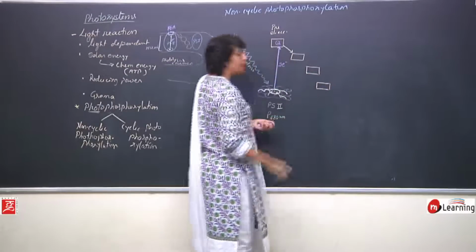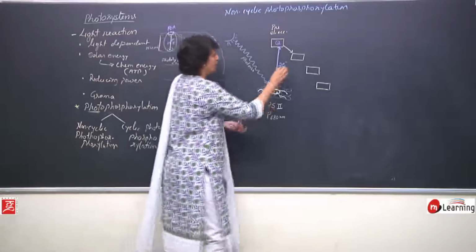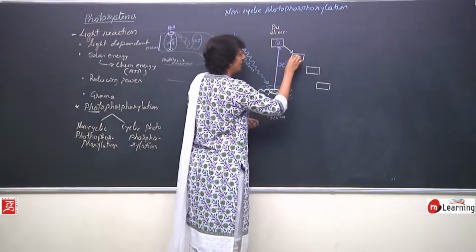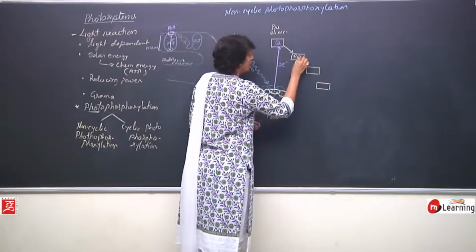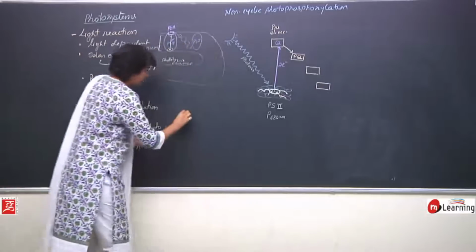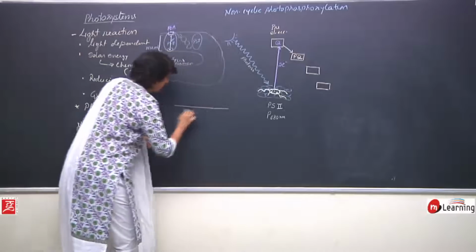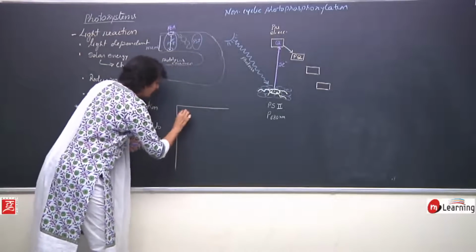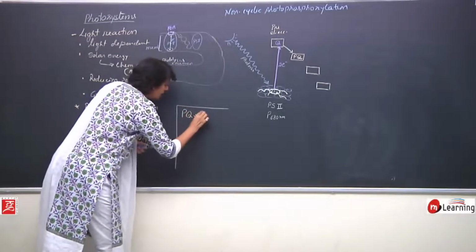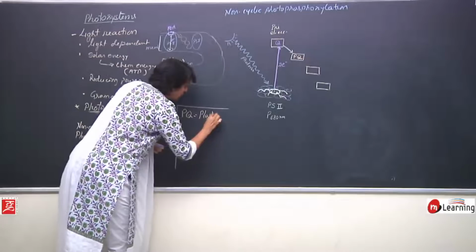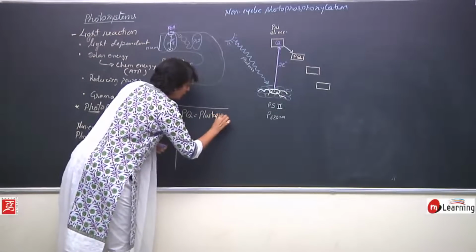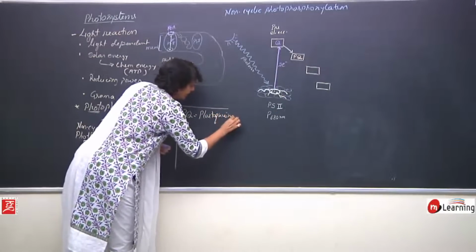There are 3 electron acceptors. The first one after the primary is PQ. Somewhere here let us write down what exactly these abbreviations stand for. PQ is plastoquinone.